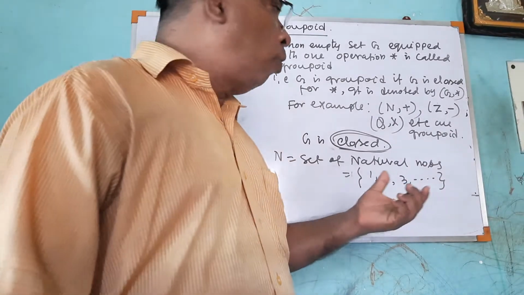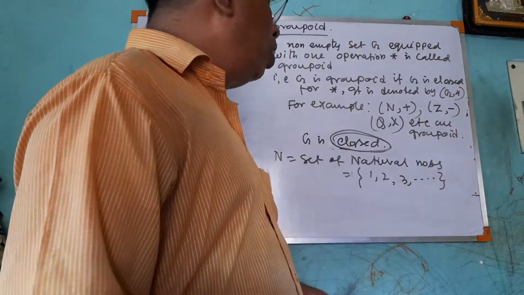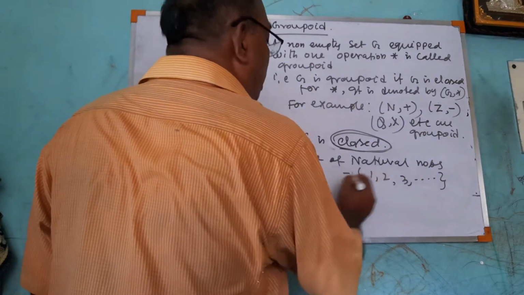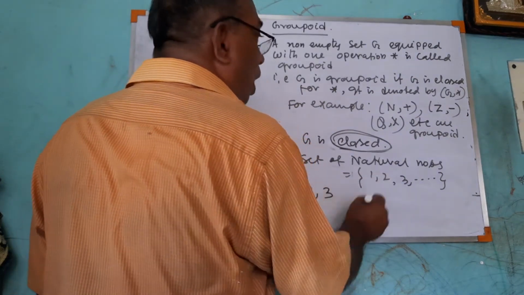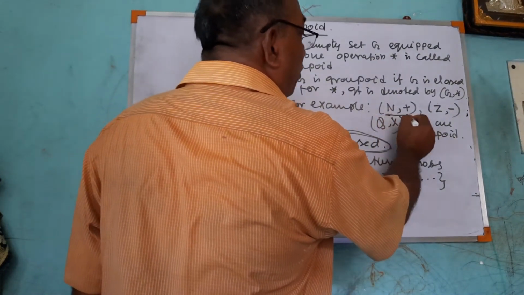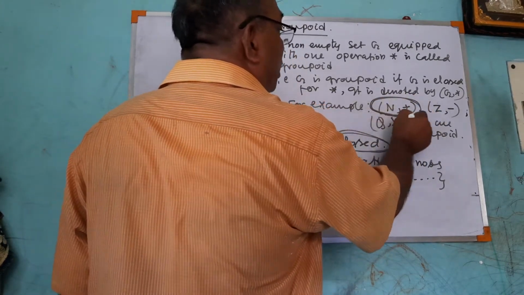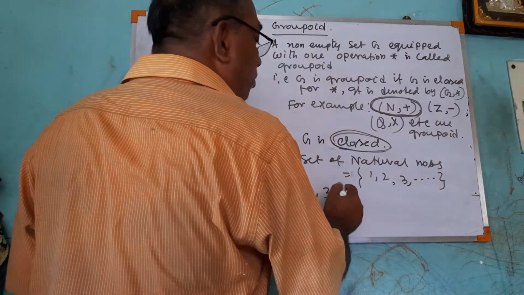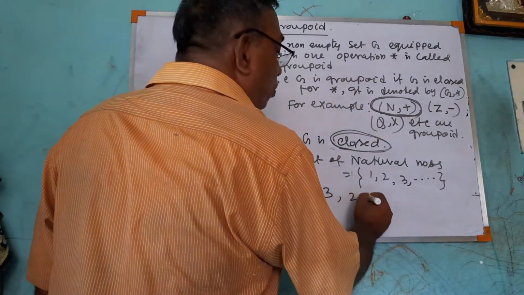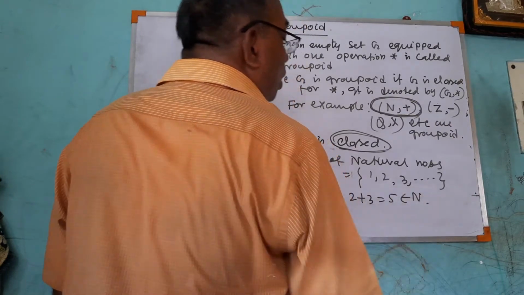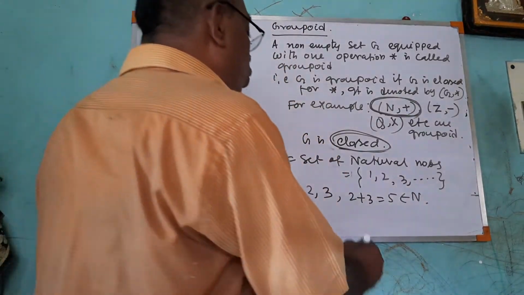Suppose I am taking 2 and 3. N plus is a groupoid: 2 plus 3 comes 5, and 5 belongs to natural numbers. Therefore G is closed.